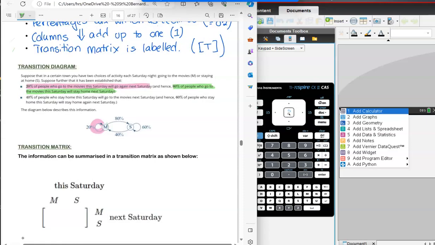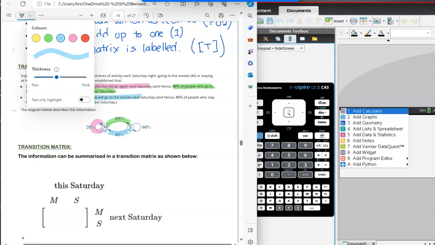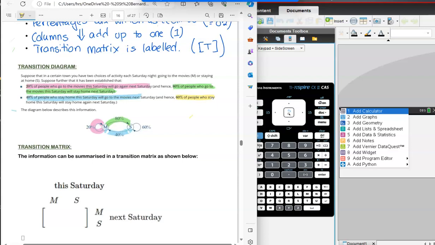And 40% of the people who stay home this Saturday will go to the movies. And our last one is 60% of those who stayed home stay home again next Saturday. So S to S. That's a transition diagram because it's telling you how it all moves.